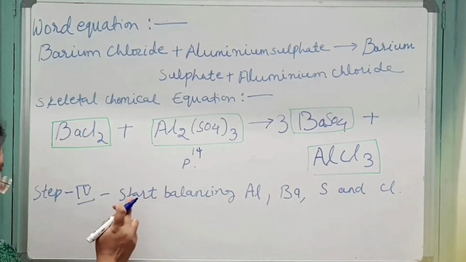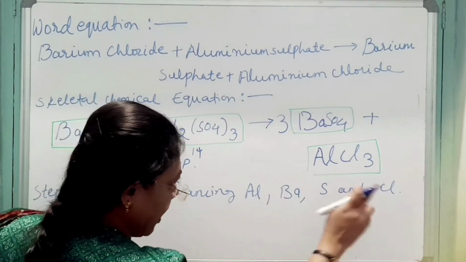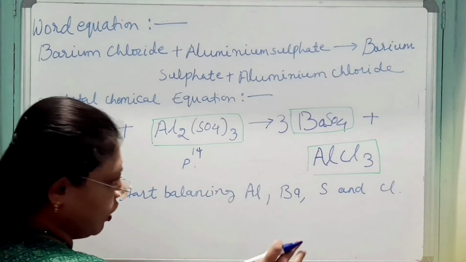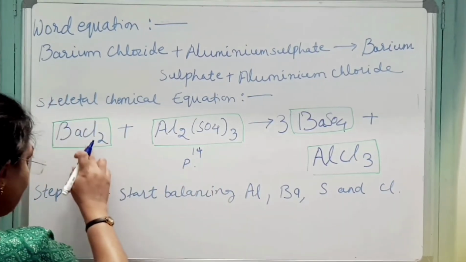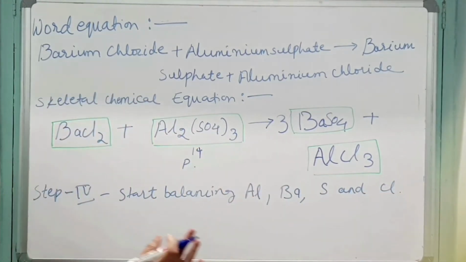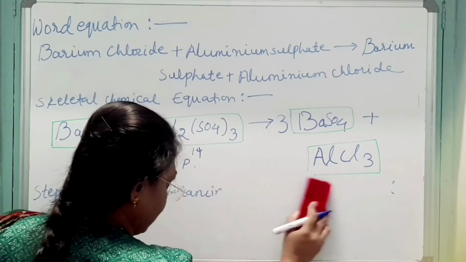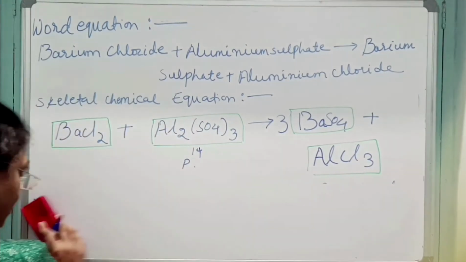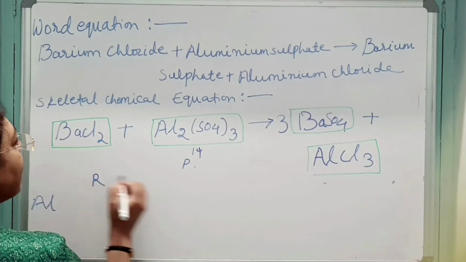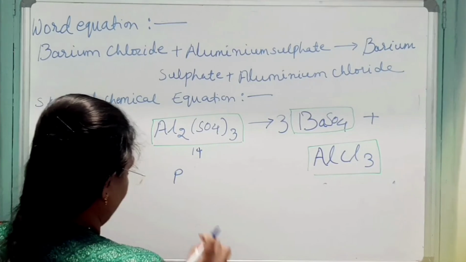After balancing oxygen, you balance metals, then non-metals, and then chlorine, bromine, or fluorine, whichever is there. Here it is chlorine, so chlorine will always be balanced last in the equation. So we will balance Al. How much Al is on the reactant side and how much on the product side?